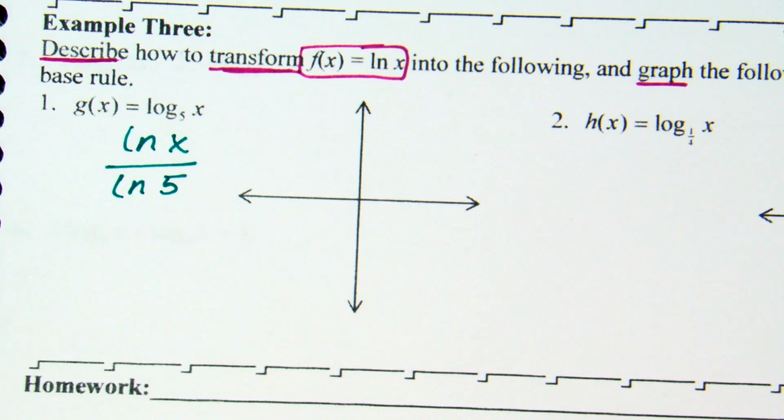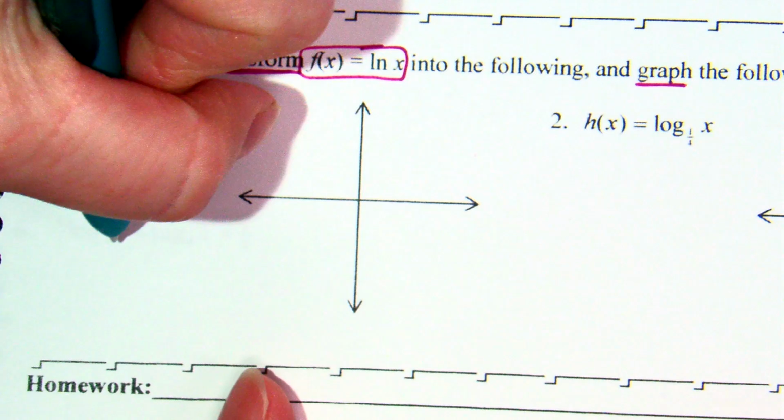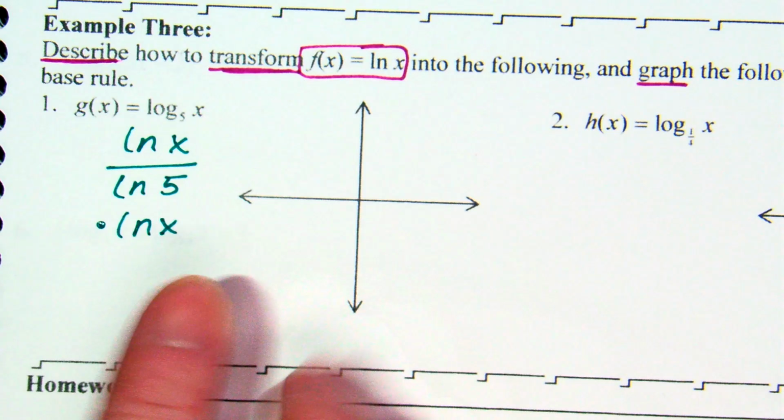Now, the idea is we're talking about transformations. How do we transform f of x equals ln x? Well, that ln x is divided by natural log of 5. But we don't usually talk about dividing by something as a transformation. Dividing is the inverse of multiplying.